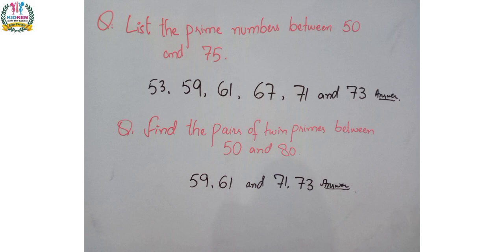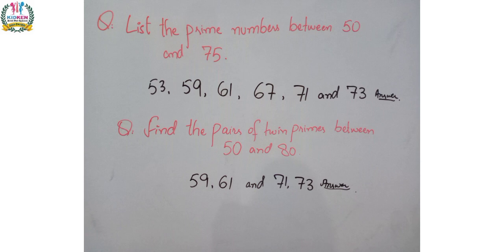Next question is list the prime numbers between 50 and 75. Before I start this question, I would like to define prime numbers. So what are prime numbers? Prime numbers are those numbers that come only in their own table, means 1, 3, 5, 7, and so on. So simply we can write the numbers between 50 and 75 that come in their own table.